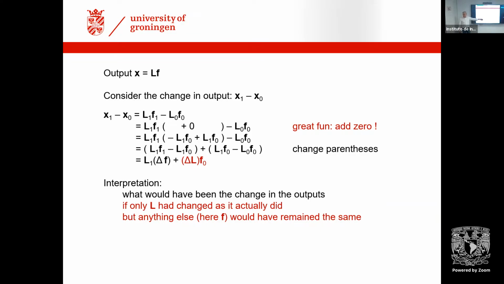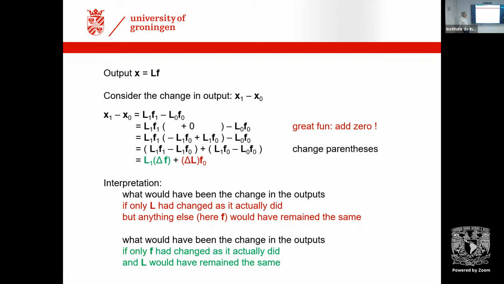On the other hand, this is what economists always do. They call this the ceteris paribus clause: change one thing and leave the rest out. The other term indicates how the outputs would have changed if only the final demands had changed, and the rest, that is the Leontief inverse in this case, would have remained exactly the same. So that is the first decomposition.